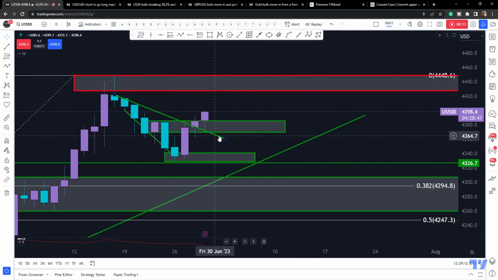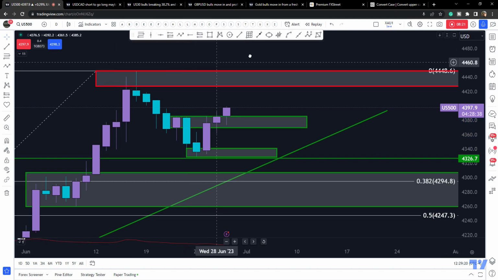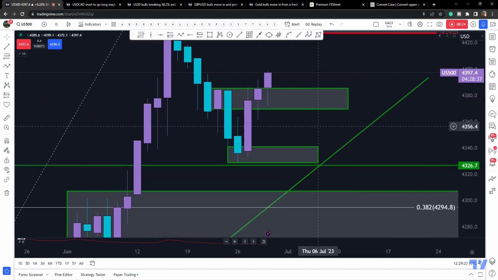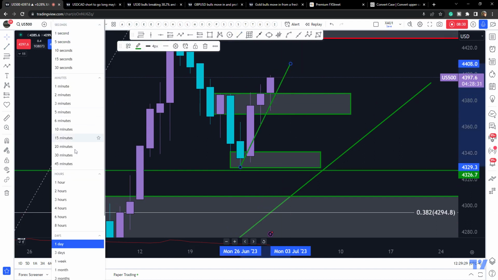So if we get rid of these drawings, I would be looking for a break of this trend in the lower time frame. So we'll go to an hourly.